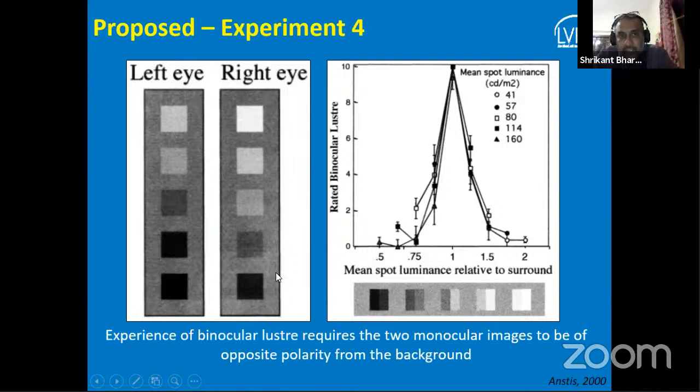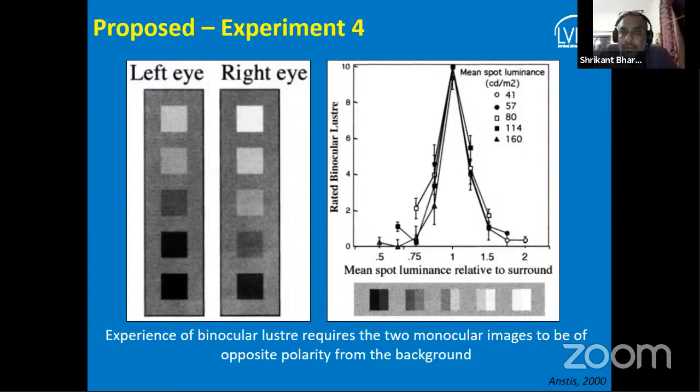Notice here that it is a gray background. This is a darker polarity. This is a lighter polarity. Only that kind of an image will give you very strong luster. Any of the others where both are bright or both are dark does not result in luster. This is data from his paper, and we are able to use this phenomenon for our purposes.